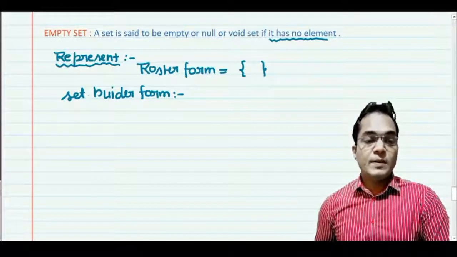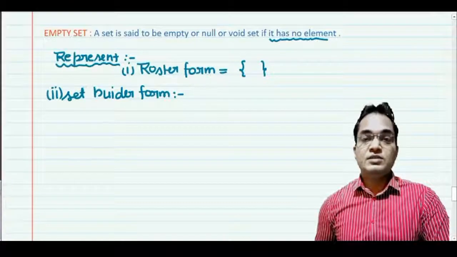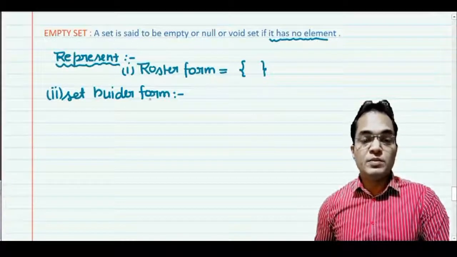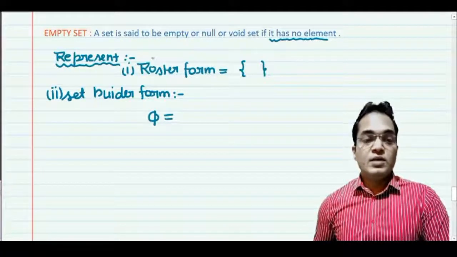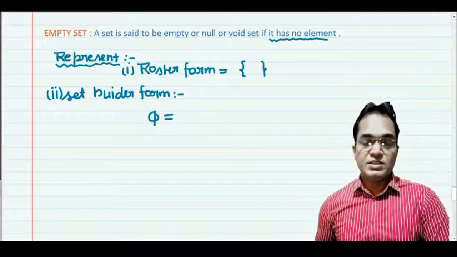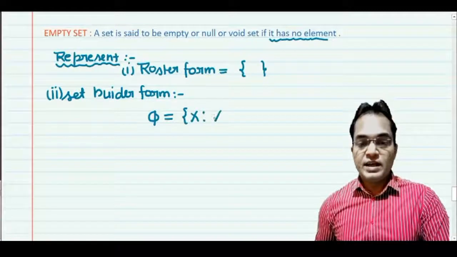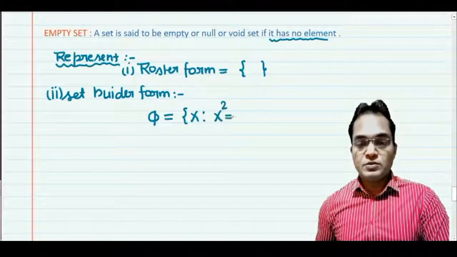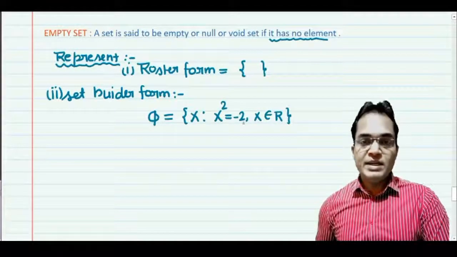And what is the representation of the empty set in the set builder form? Generally, the empty set is denoted by the letter phi. In the set builder form, we use a definition. Let's take some examples. {x : x squared = -2, x belongs to real numbers}. Is there any element?